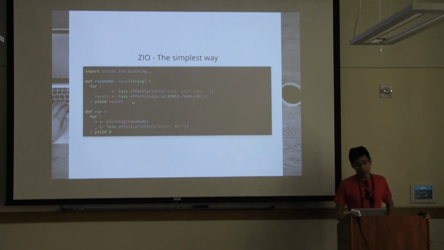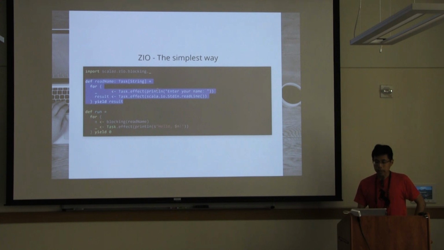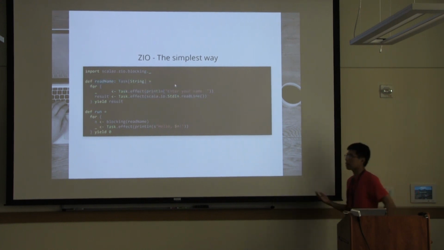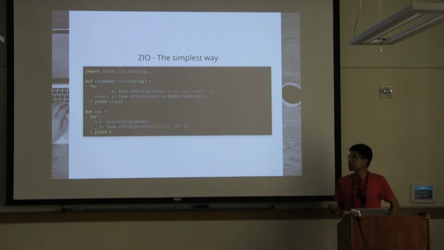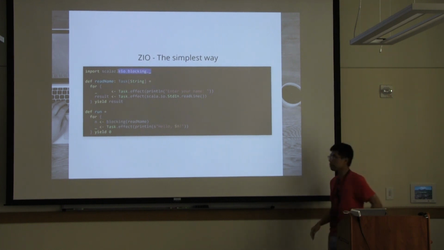You just define your I/O in ZIO. I/Os are called tasks in ZIO. You just have to define your I/O just like you always do, and then to tell ZIO that this I/O is blocking, you just have to call the blocking function in the blocking API.